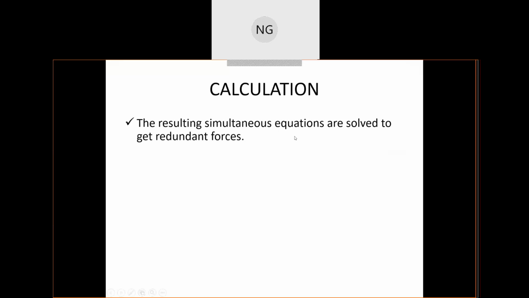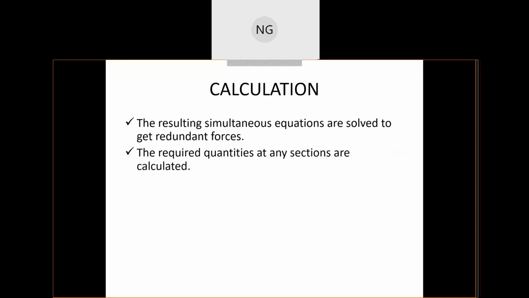Simultaneous equations are very complicated to solve, but if n equations and n unknowns are there, we can easily find the solution. If the number of equations is less than the n redundant forces, we cannot solve. Therefore, the redundant forces are solved by simultaneous equations. Nowadays, we do this simultaneous equation calculation by computers.